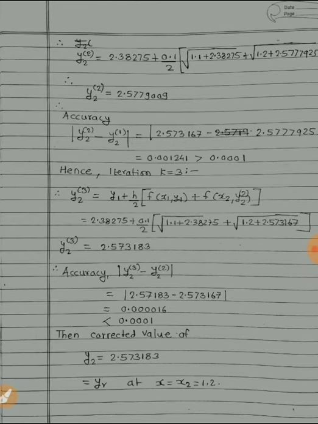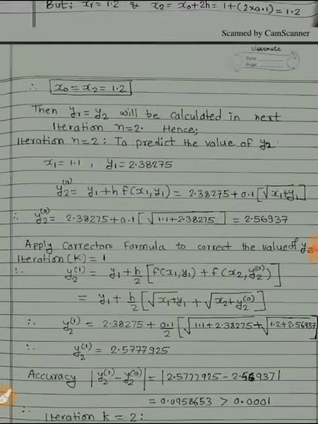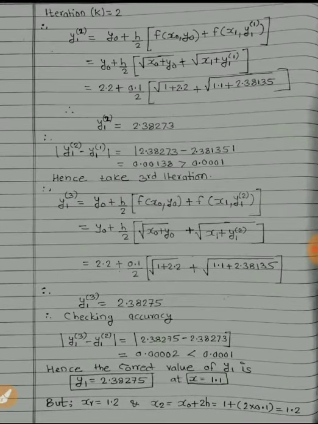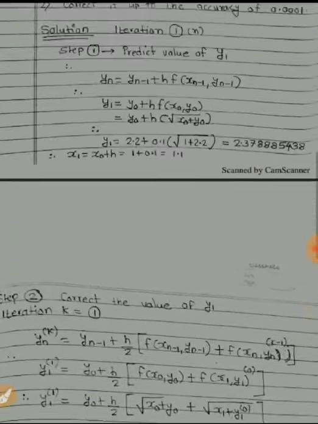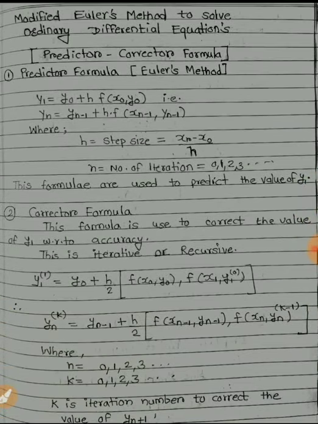You can prepare with some easier problems where the number of iterations is less. I hope this session will help you in understanding Euler's modified method to solve first order ordinary differential equations. These were the predictor corrector formulas we have used, and I hope this method will be useful for you to prepare for your examinations.